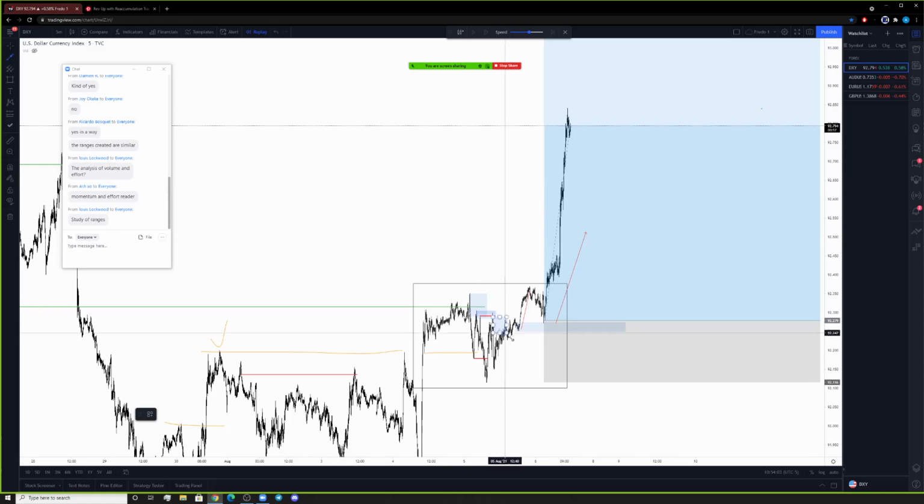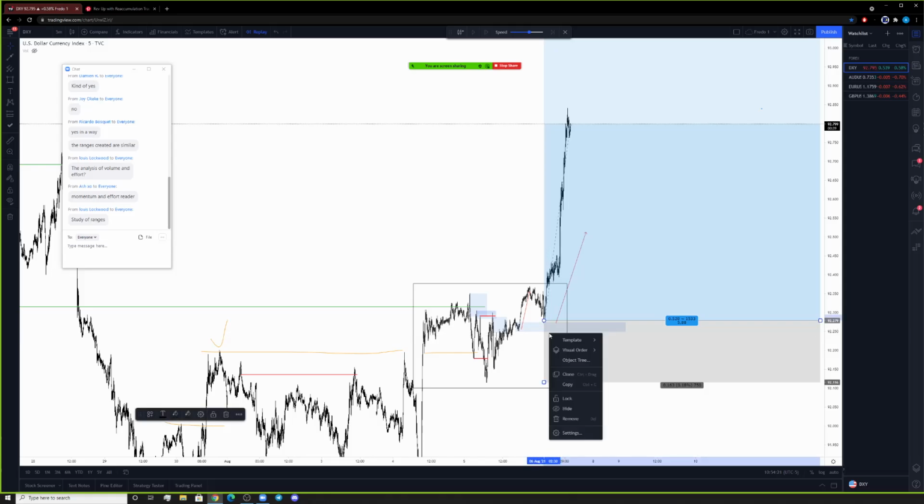But no, because for example, this does not look like a range until we get here, and it's until you analyze what is happening here from a structure order flow perspective that you can see whether this move is going to go up or down. Right? Does that make sense?